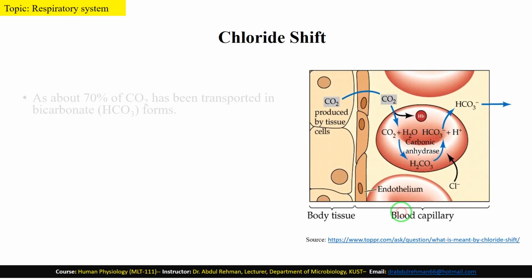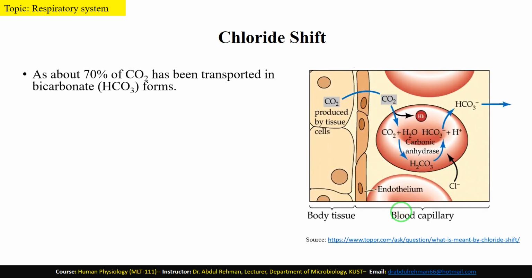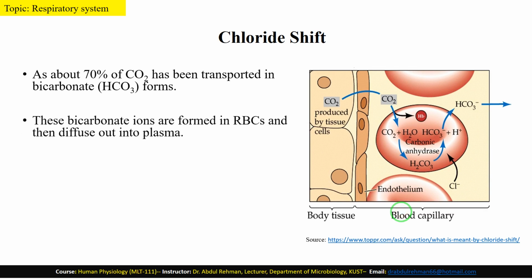Here you can see about 70% of carbon dioxide is transported as bicarbonate ion, and these bicarbonate ions are formed within RBCs, especially when carbon dioxide diffuses from body tissue into the blood capillaries, where it combines with a water molecule within RBCs and produces an intermediate product.